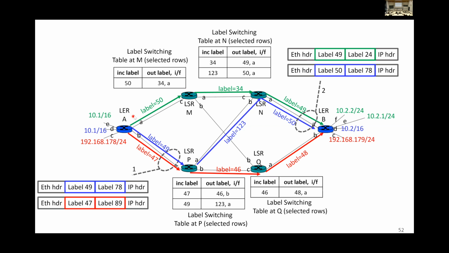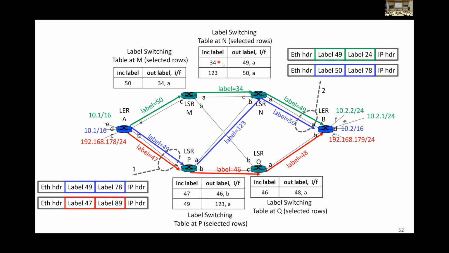We still make a distinction between what is called label edge router and label switching router. A label switching router does only what I presented on the previous image. It looks at the incoming label, goes into its table, and uses this table to know where to send the packet and possibly change the label. So for example, here is what this router N would do.